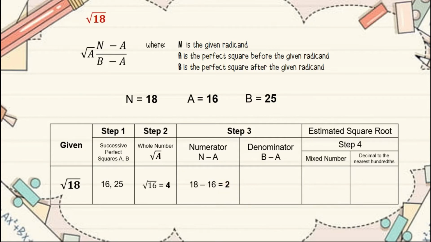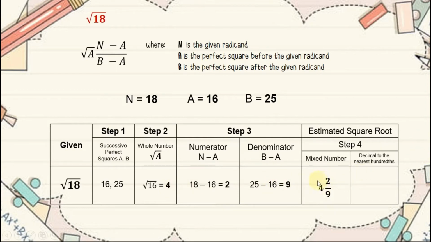For the denominator, we're going to have b, which is equal to 25, minus a, which is equal to 16, and that is equal to 9. So we already have the whole number, the numerator, and the denominator. We are going to have our mixed number, and that is 4 and 2 ninths.